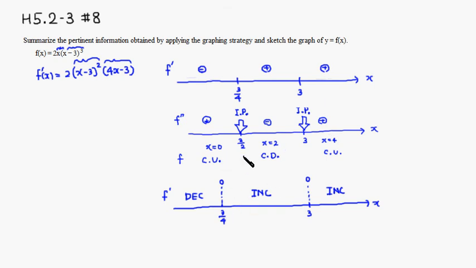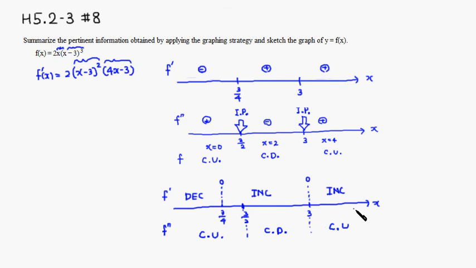Concavity wise, 3 is one place, and another place with an inflection point is at 3/2. The second derivative tells you that it's going to be concave up on this interval. Between 3/2 and 3, it's concave down, and after 3, it's concave up.